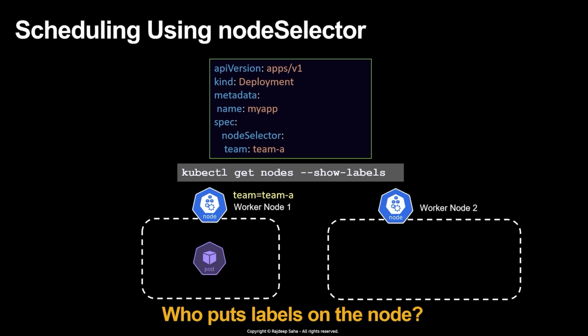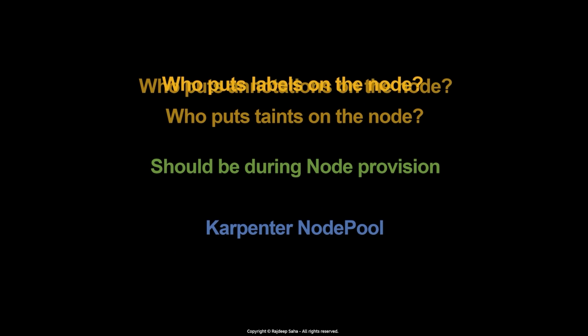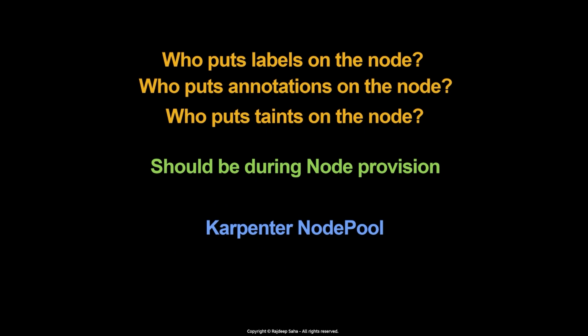So now the question is, who puts the label on the node? You can, of course, assign labels after these nodes are created, but that's a manual ad hoc process. So ideally, the labels or annotations or taints should be added during node provisioning, right?